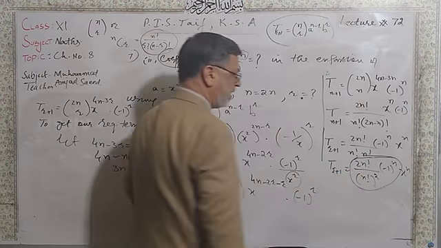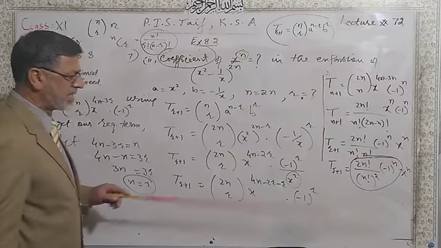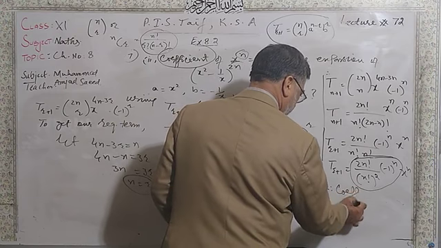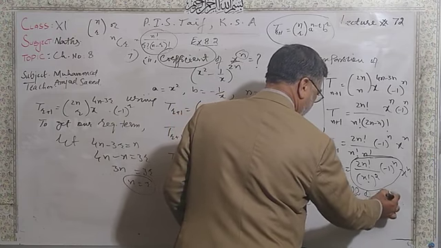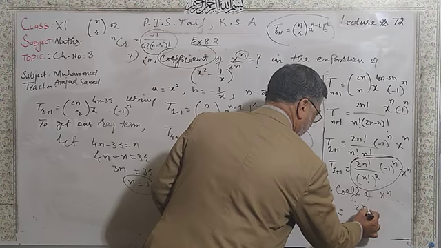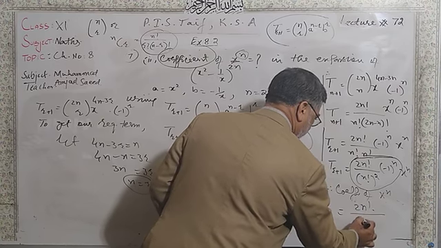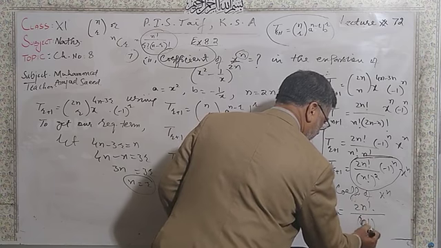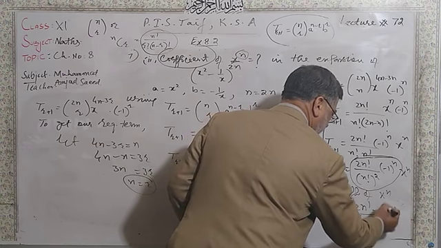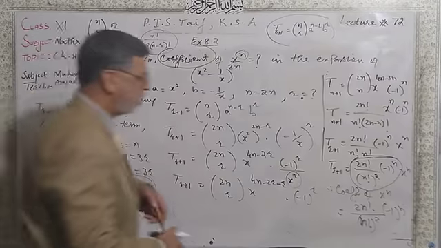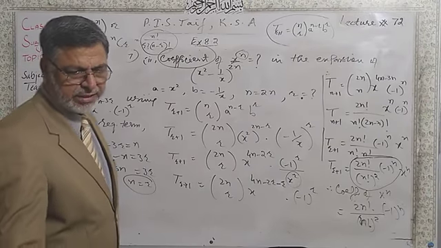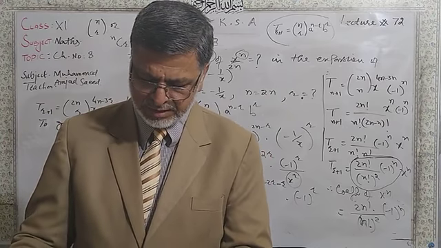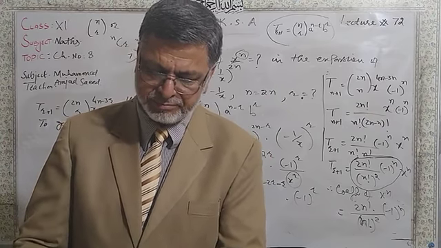Therefore, the coefficient of x^n is equal to 2n factorial over n factorial whole square, into minus 1 power n. So dear students, that was your required question.